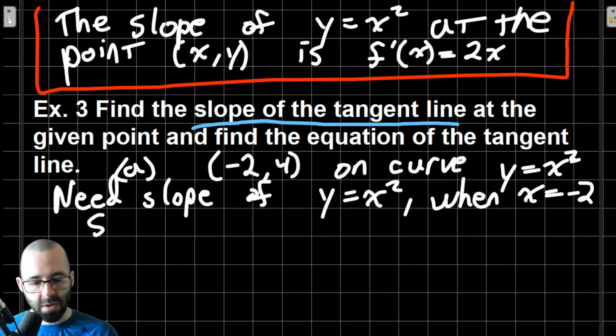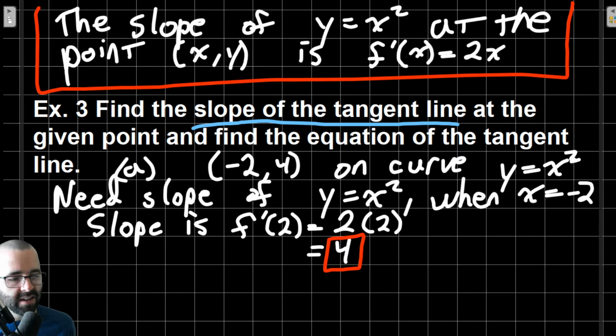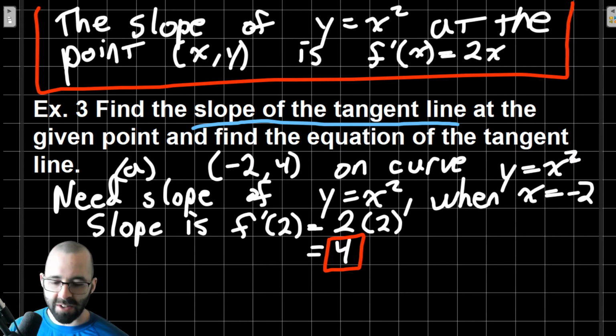Well, the slope using that formula is going to be f prime of -2, which is equal to 2x, and x is -2. So the slope of the tangent line is -4. We've already finished the first part. The slope of that tangent line at that place is -4. And congratulations, you're already done with 1.2 for this problem.